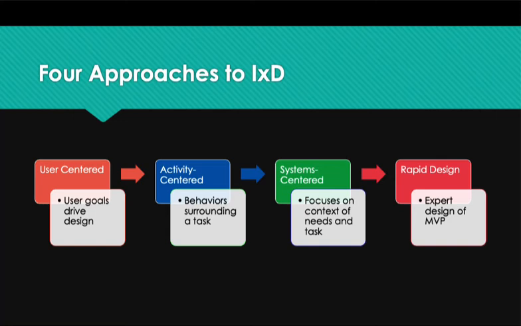Like, for example, where are they accomplishing them? When are they accomplishing them? And does that imply a different solution or device depending on the context of usage? And then, of course, the rapid design based on the previous approaches and rapidly designing a viable product.